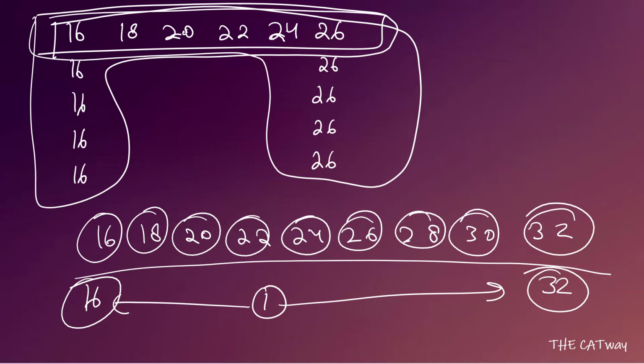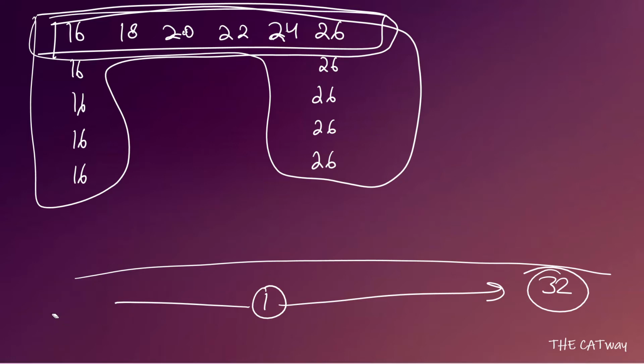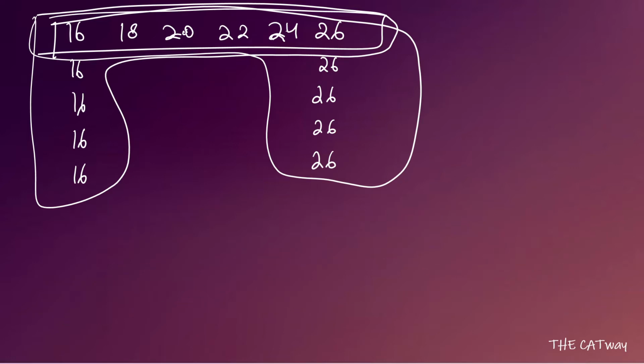So let's calculate for city 1. The minimum value is going to be 16 plus 18 plus 20 plus 22 plus 24 plus 26. Let's calculate the sum of this: 16, 18, 20, 22, 24 and 26. So 126. In 126 we will add 64.